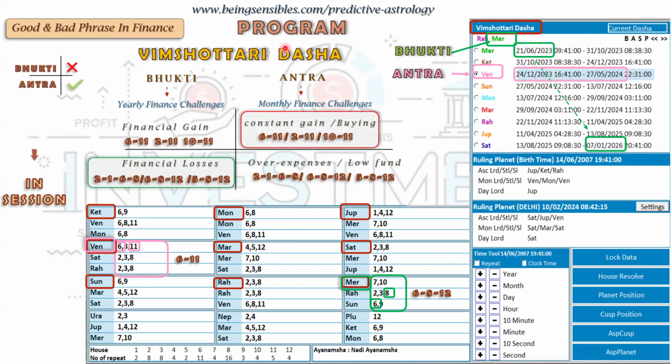So as per your chart and your Vimshottari Dasa pattern, you get an idea about which year you have your problem and how and when you come over it in a detailed manner.